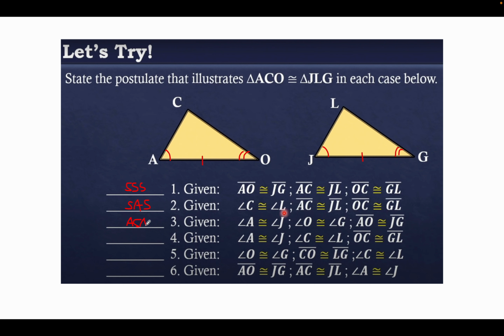Yes, we have the ASA congruence postulate. Okay? Let's proceed to number 4. Number 4, angle A is congruent to angle G. Angle C is congruent to angle L.